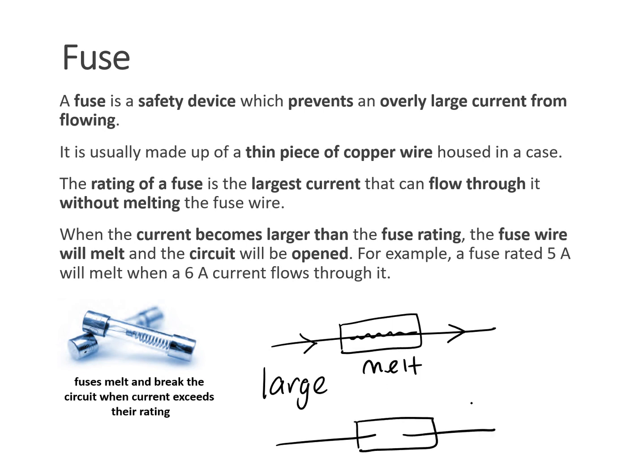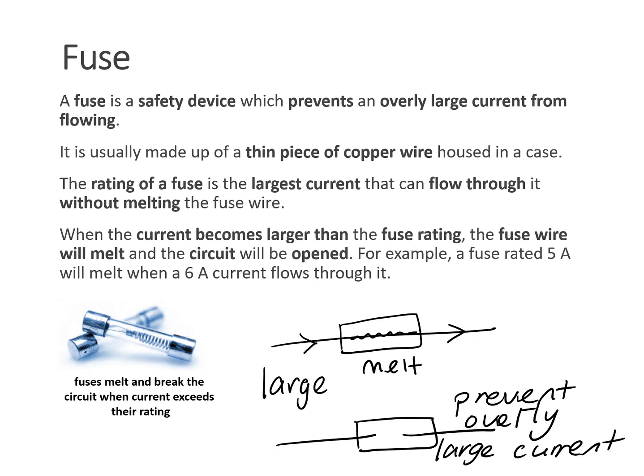Okay, so then in this case, you do not allow any more current to pass through. So you actually prevent overly large current, overly meaning much larger than what you would like to have flow through your circuit, from flowing into it. Okay, so when the current is too large, it will break.